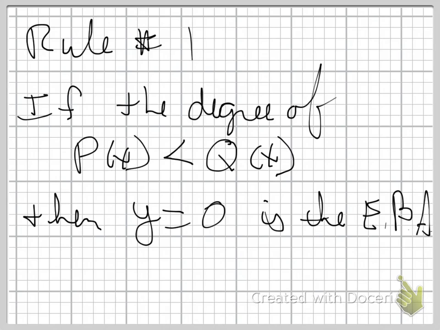Okay, so quick example of that, f of x equals 1 over x. Right, simplest example, x-axis is a horizontal asymptote or an end behavior asymptote.